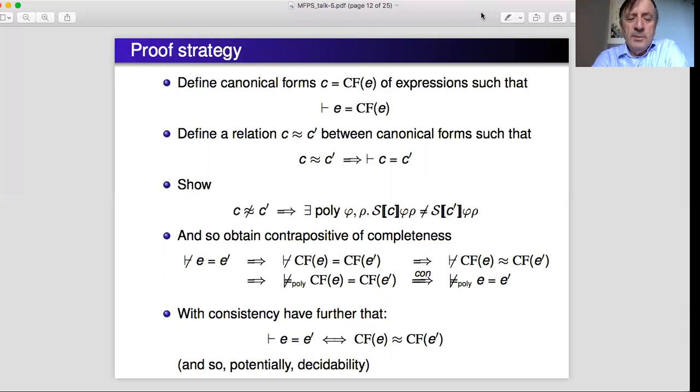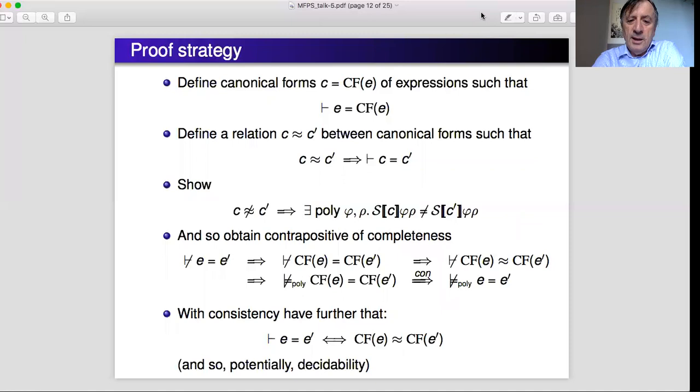If E and E prime are not provably equal, then their canonical forms are not provably equal. Then the canonical forms aren't equivalent, and that means they can be separated by a polynomial environment. That means they're not polynomially equal. And then you go the other way around, and if they are polynomially equal, then they're provably equal.